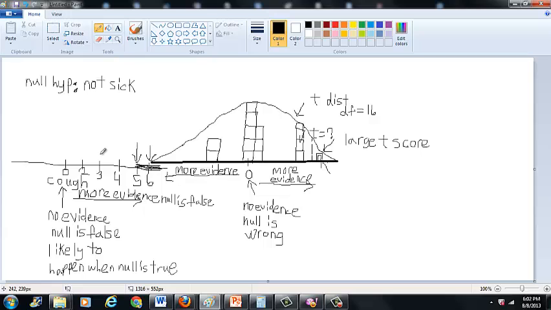But if you get an outcome that's not in the rejection region, such as coughing 3 times in a day, that's not enough evidence to reject the idea that you're not sick, because it's something that could too easily happen by chance, even if you really aren't sick. If I'm not sick, I could probably cough 3 times easily by chance, just if I run into some dust. So that's the same logic.